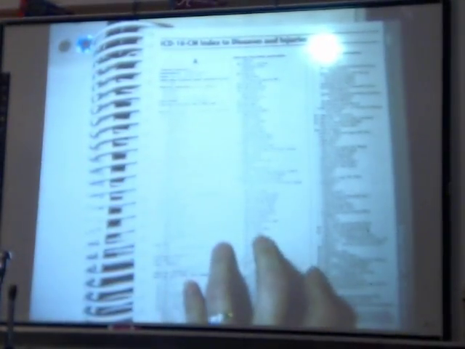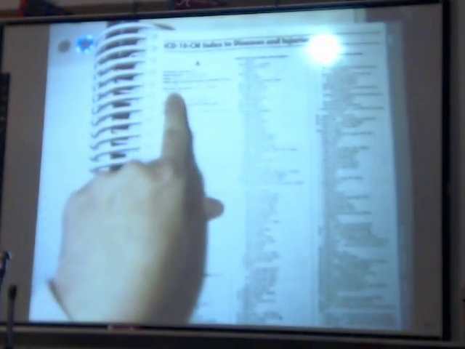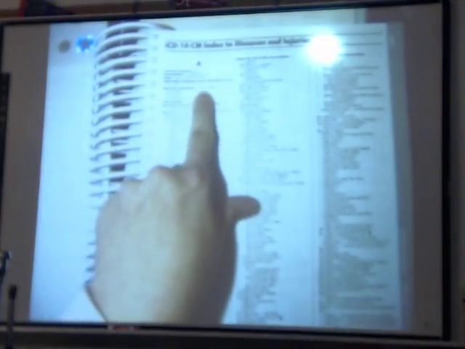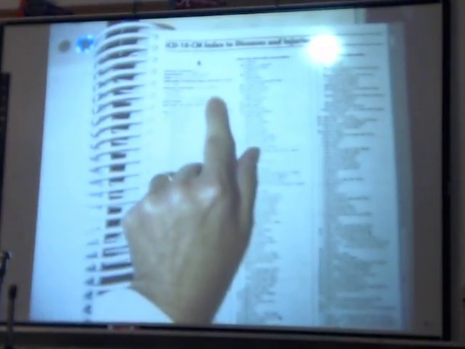Then we come over to the Index of Common Diseases. This is your alphabetical index. That is where you're going to go through and look for, say we want to look for abdominal pain. Okay, so I'm going to look for abdomen. So I've got abdomen right here, or abdominal, and it says to see also condition. So I can code abdominal pain, but I've got to code what's causing the abdominal pain, right?